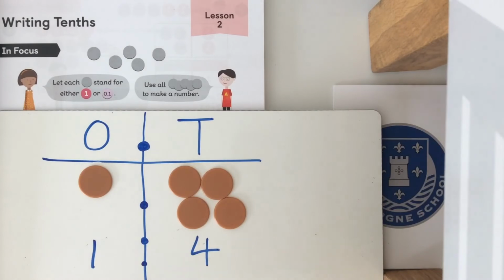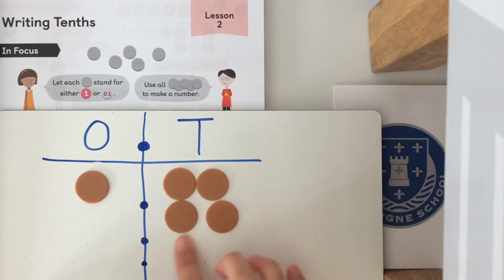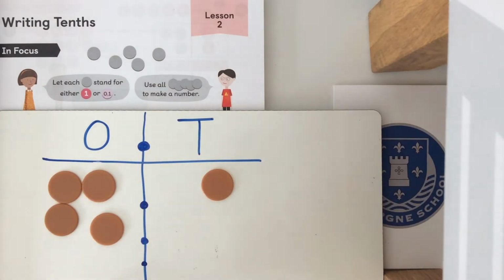Now I'd like you to pause the video and see if you can make any other numbers using the 5 discs. Off you go. Right, let's see what other numbers you could have made. You could have made 4.1, 4 and 1/10.